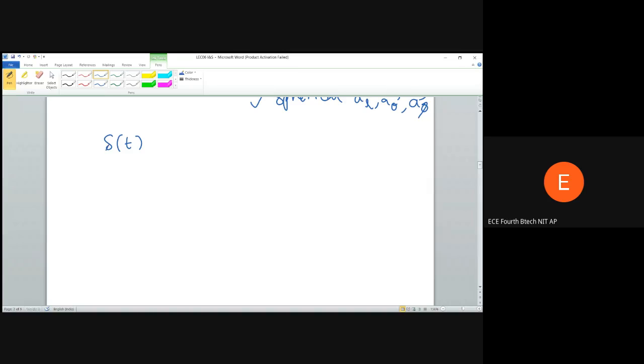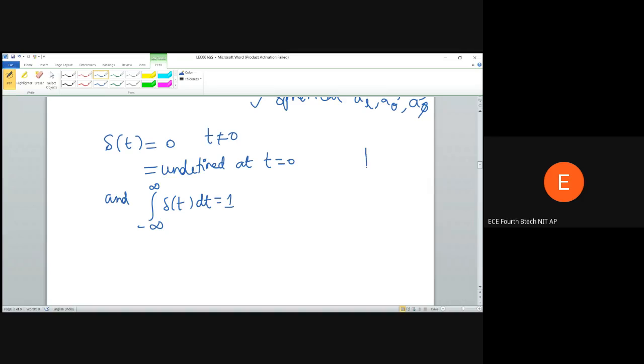The impulse signal delta of t is equal to 0 for t not equal to 0, and at t equal to 0 it is undefined, I cannot say any value. And one more condition: the integral from minus infinity to plus infinity of delta of t dt is equal to 1.